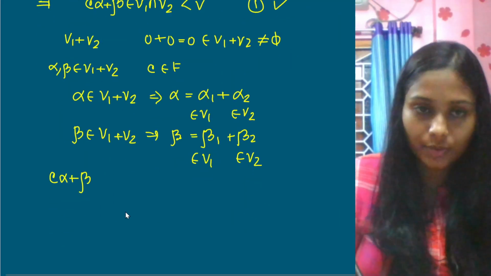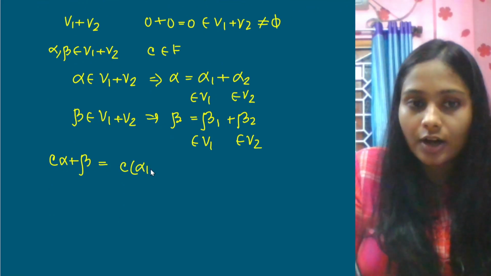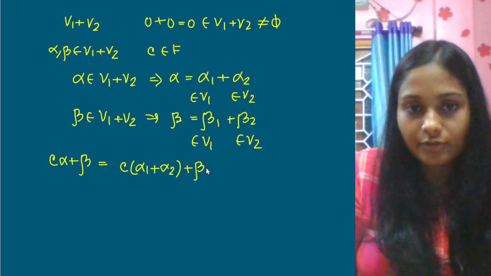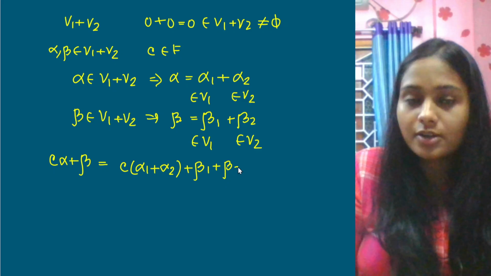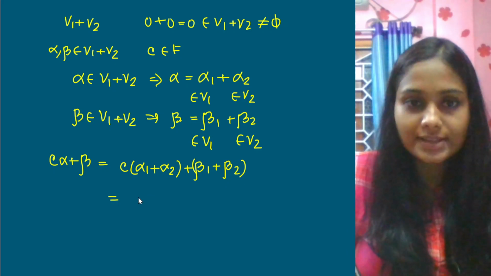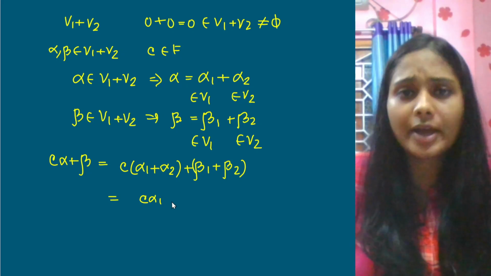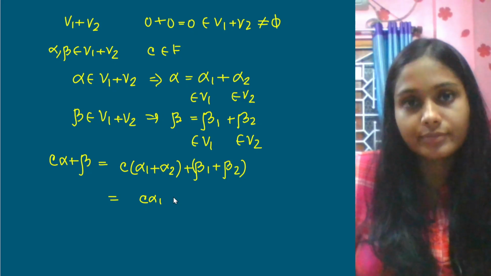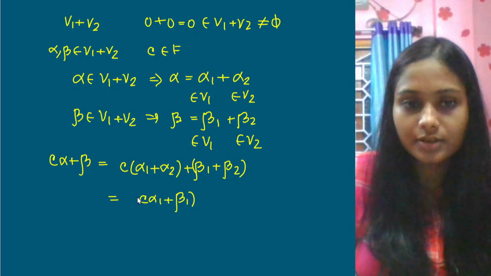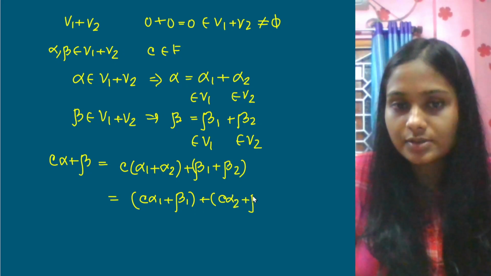So let us now check C alpha plus beta, whether this belongs to V1 plus V2 or not. This can be written as C into alpha 1 plus alpha 2 plus beta 1 plus beta 2. Okay. So by the associative and commutative properties of the vector space V, this is C alpha 1 plus beta 1 plus C alpha 2 plus beta 2.